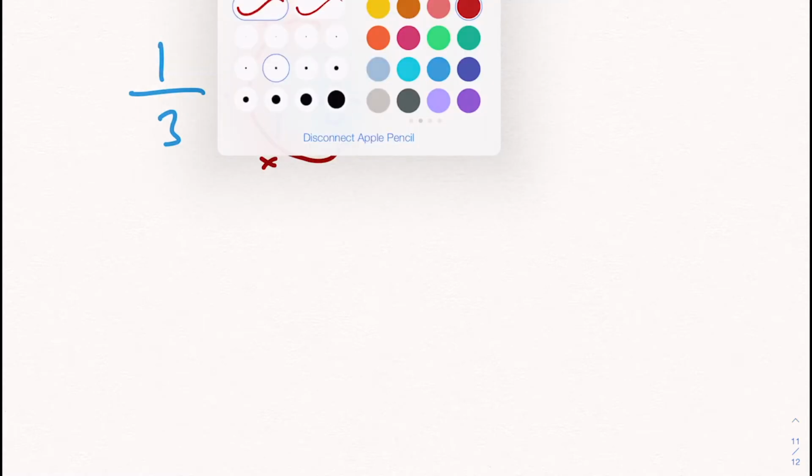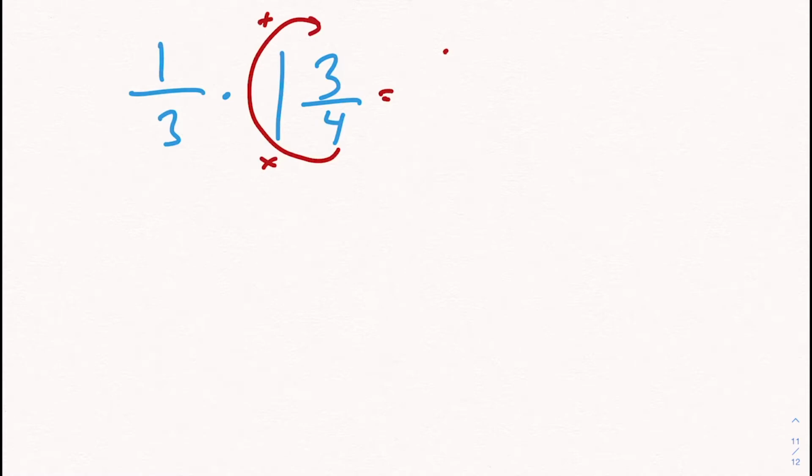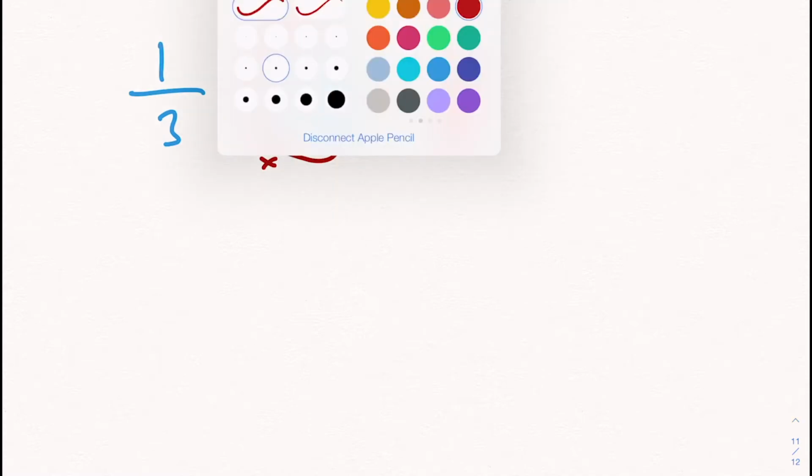So this is the same thing as 7 over 4. And improper fractions or common fractions are actually preferred in a lot of places when you get to algebra. So it's not really improper.